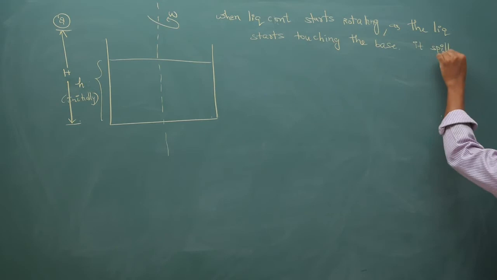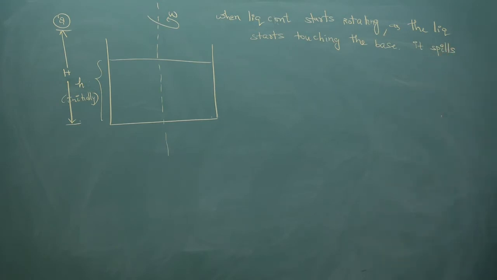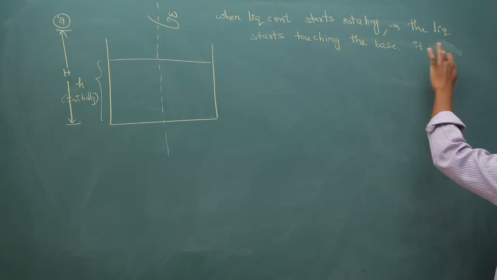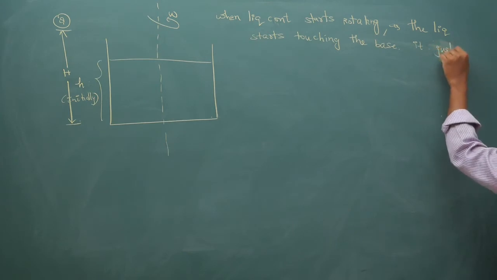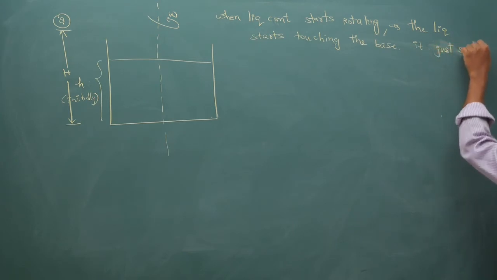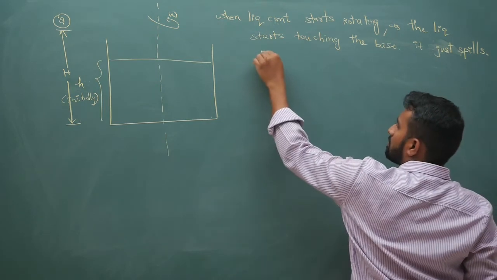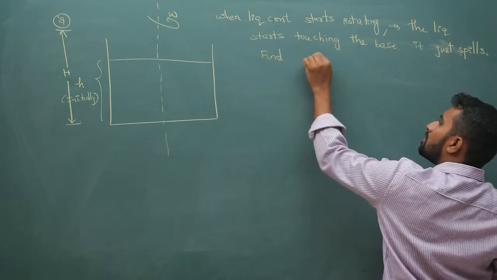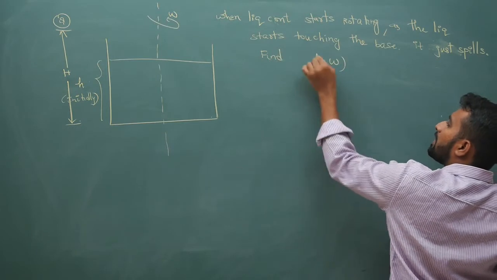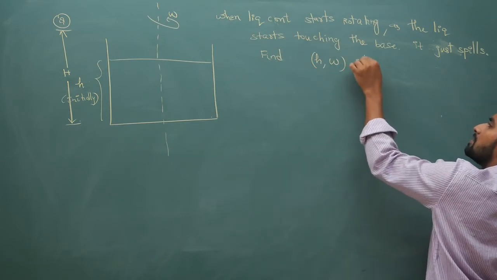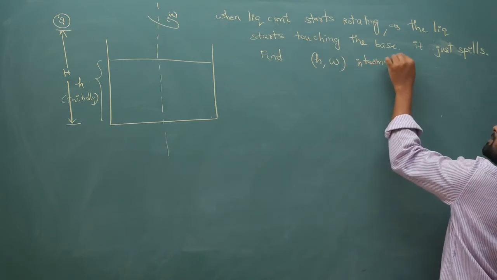You can say the liquid just spills. The question is, find small h and omega, each in terms of capital H.